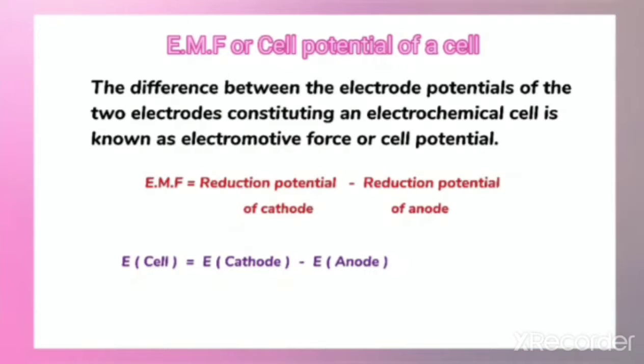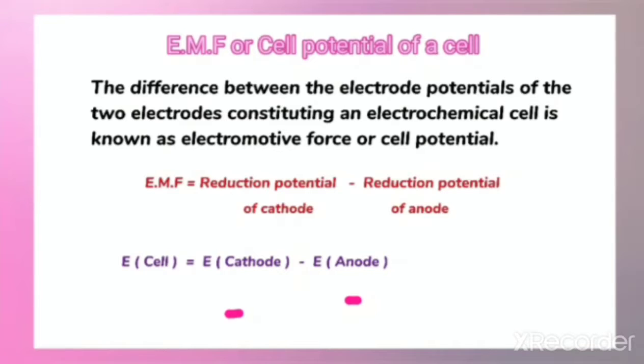Since a half cell in an electrochemical cell can work only in combination with the other half cell, and does not work independently, it is not possible to determine the absolute electrode potential of an electrode.